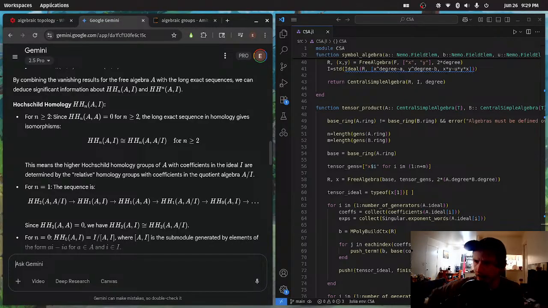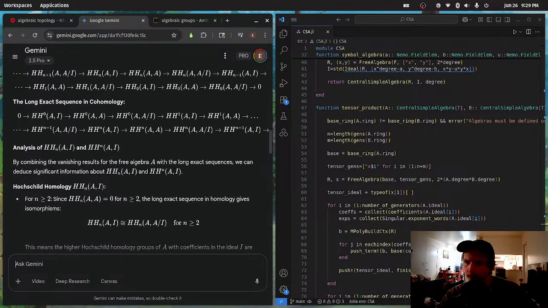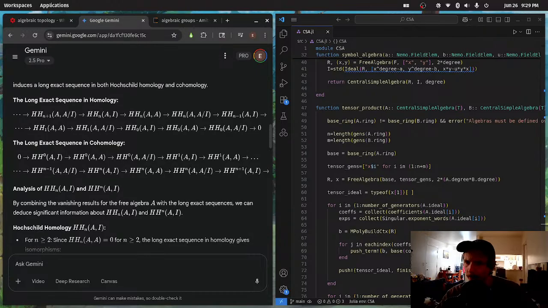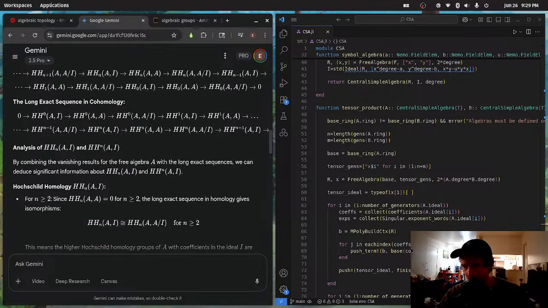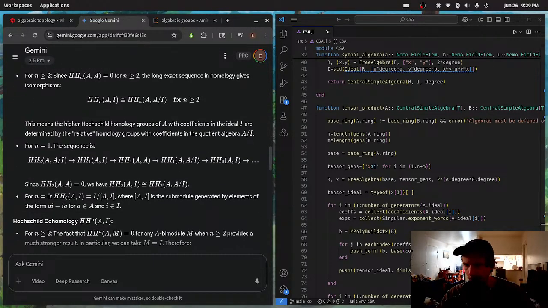No, maybe I skipped some stuff. All right, give me a second. This is seemingly not true. There's a shift in grading that needs to happen here. One of these, specifically this one, should have a degree one higher, and for the case of 1 this again should be 3.